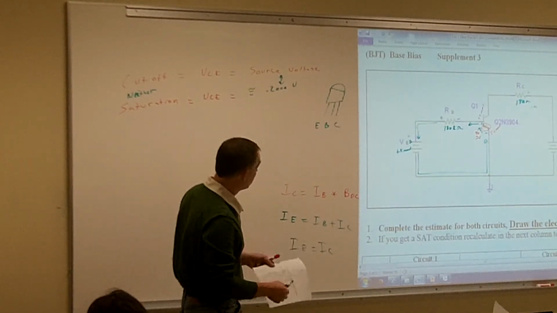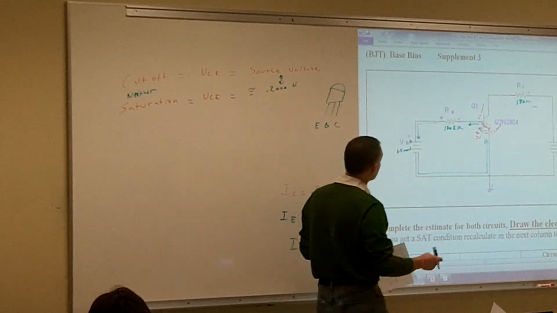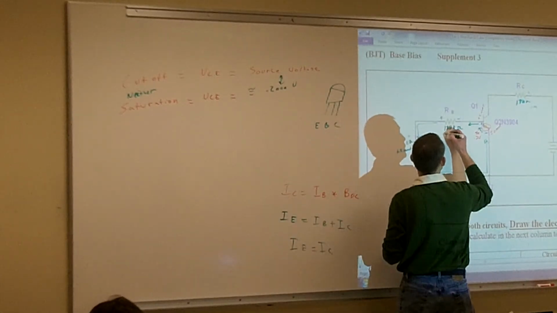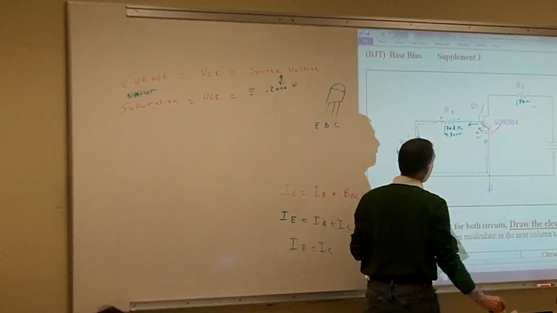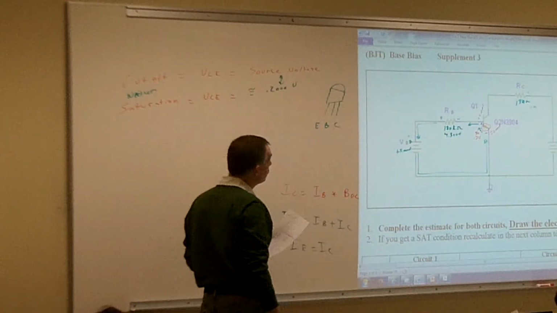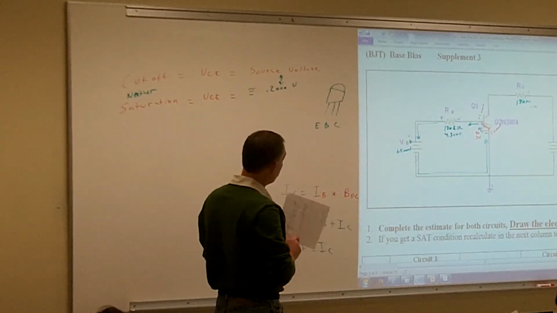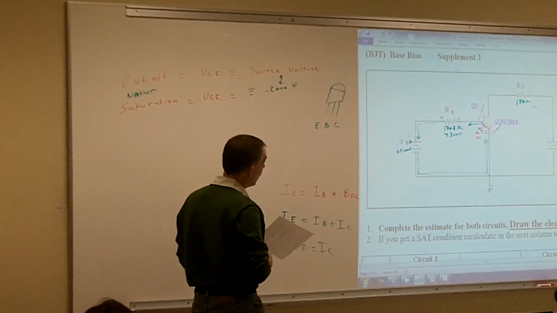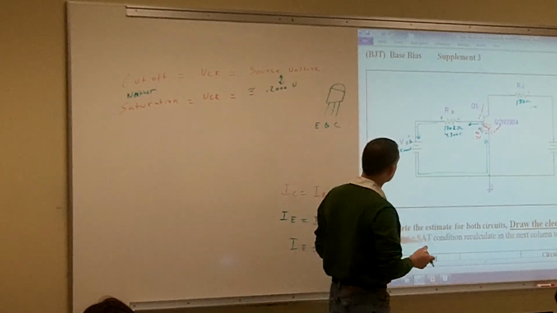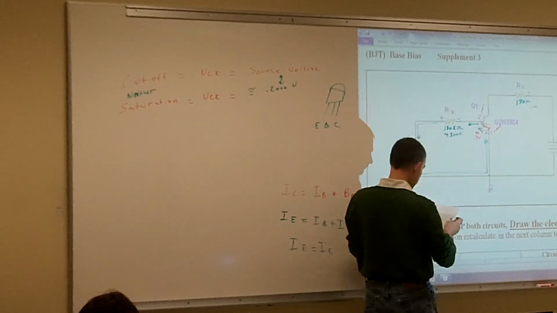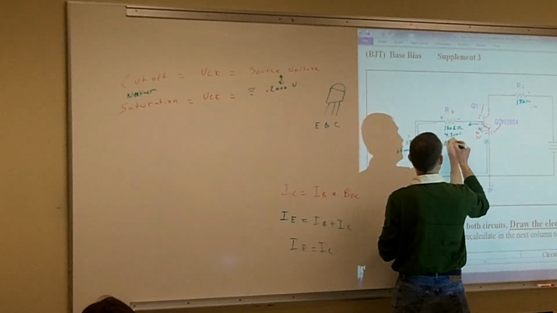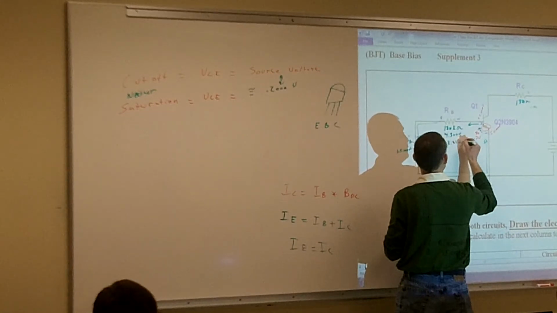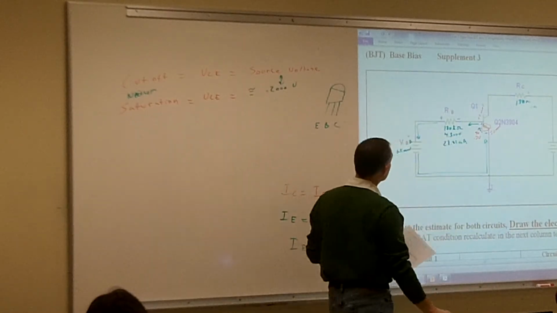So what's my voltage across RB going to be? 4.3 volts. Okay? Now we can determine our current through our RB and what's that going to equal. 23.88 microamps. All right, good.